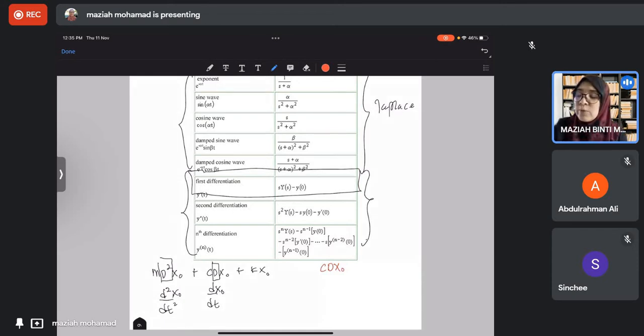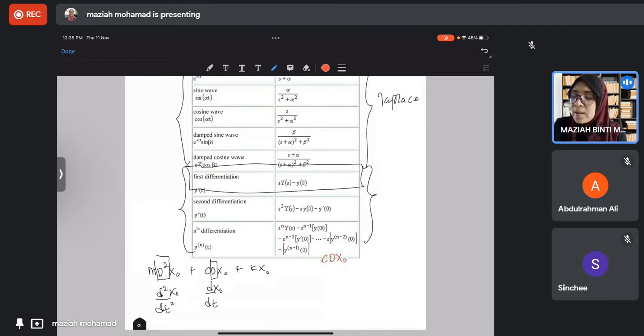When we transform into Laplace, it becomes c multiplied with s X naught(s) minus x naught(0). That is how we transform from the ODE, based on the term here.